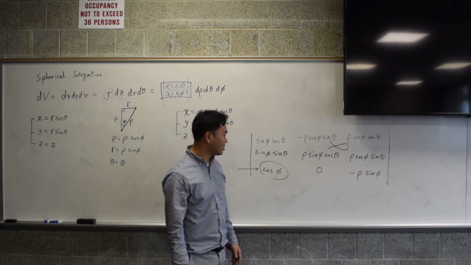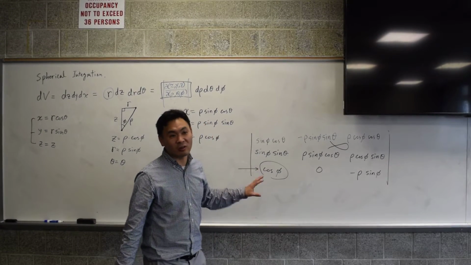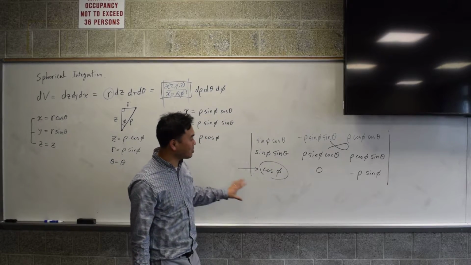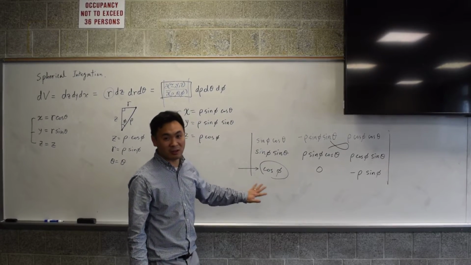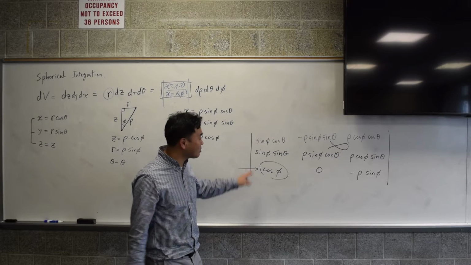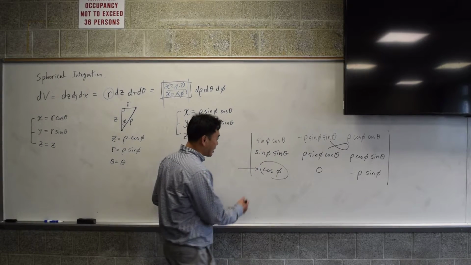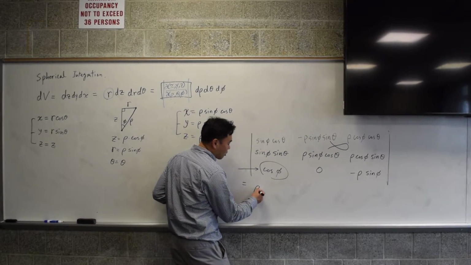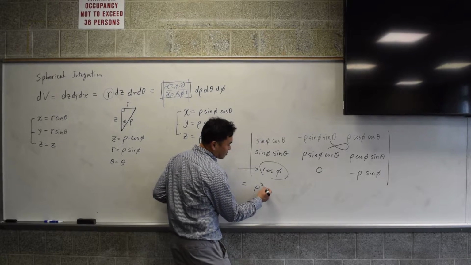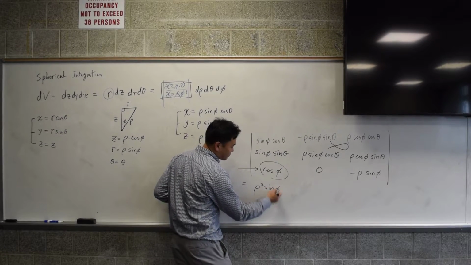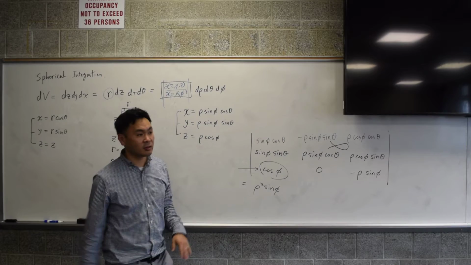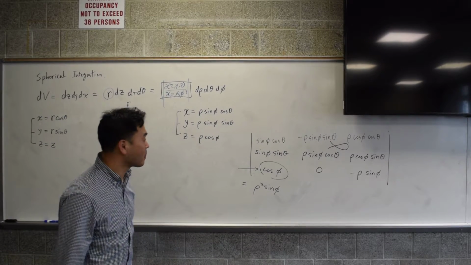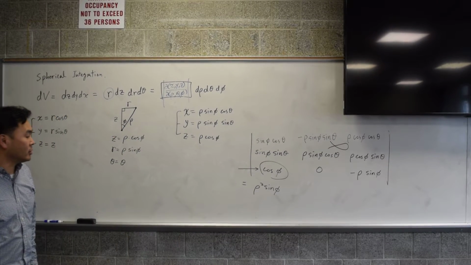All right, so it's a long calculation, and I don't think I want to bore you to death with this. If you have time, try to calculate this. You're going to get the following answer. You're going to get rho squared sine phi. That's what it's going to end up being. Okay. All right.